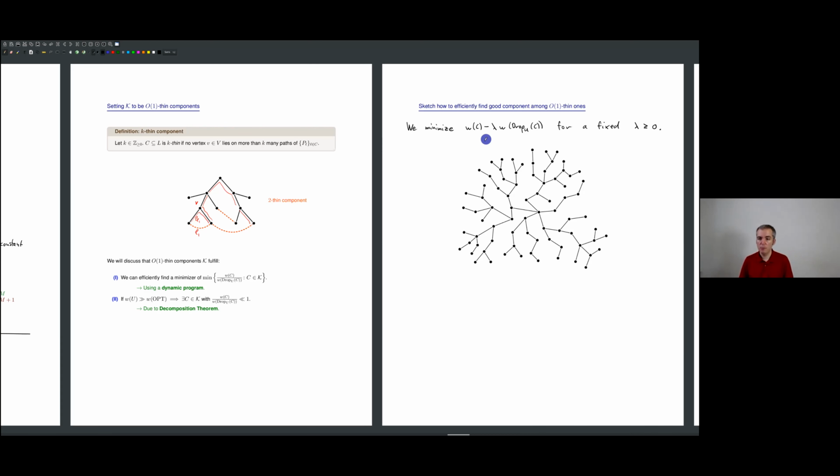Okay, so let's see how we're going to minimize that expression. I claim we can minimize that efficiently. So we consider constants in components. Let me just name what the constant is. Let's say the constant is k. Consider k in components.